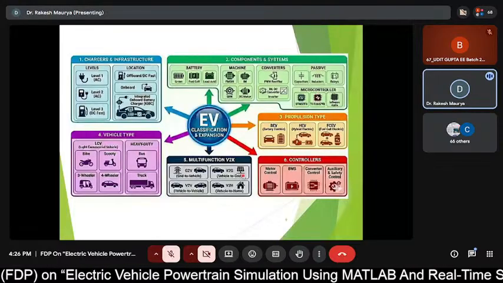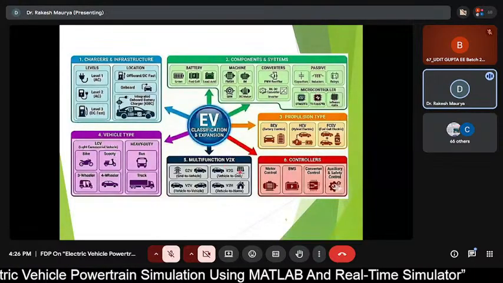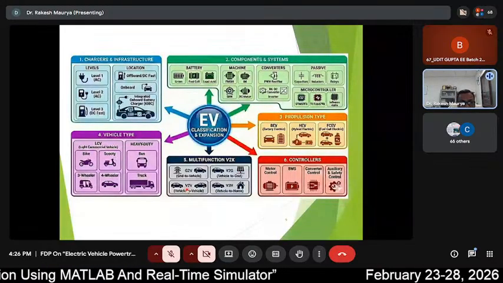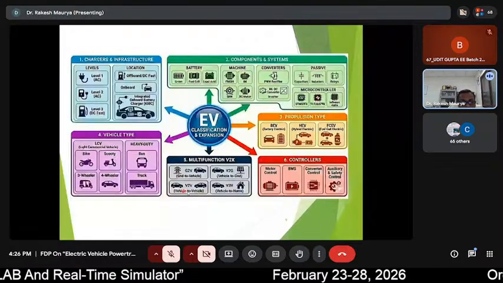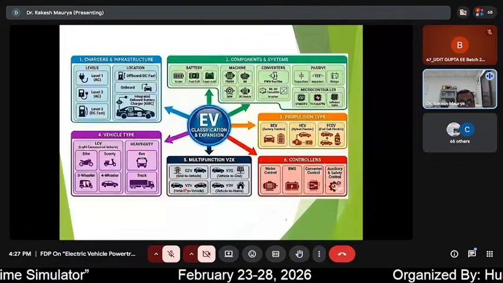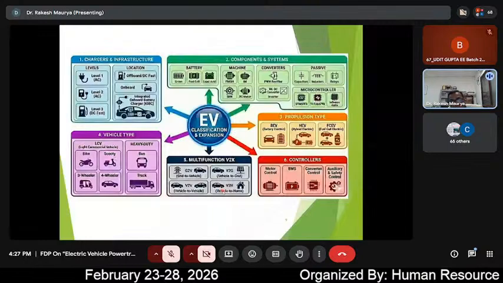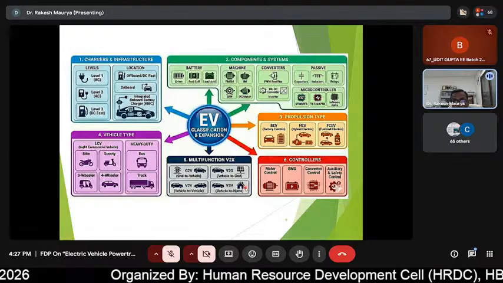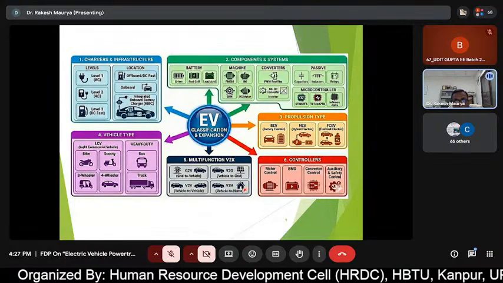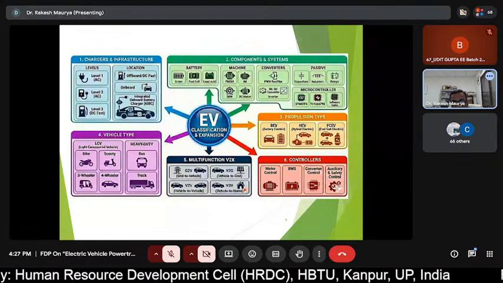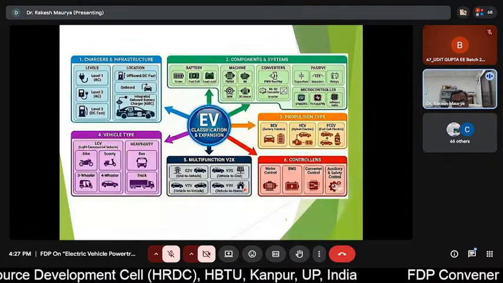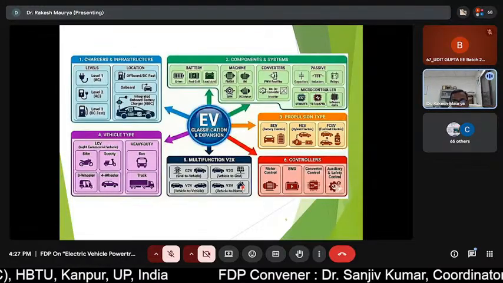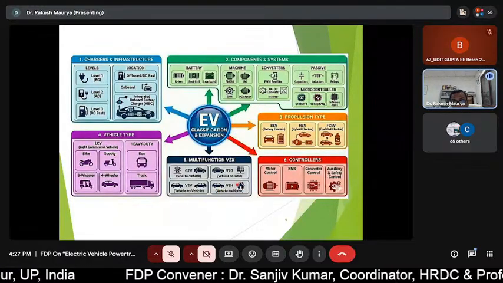Sometimes when you are going on the road and your fellow traveler or driver has another car, can you give power to that vehicle? That is V to V transaction. And suppose you are going to attend a function somewhere that requires additional or isolated load, can we give power to that particular load?